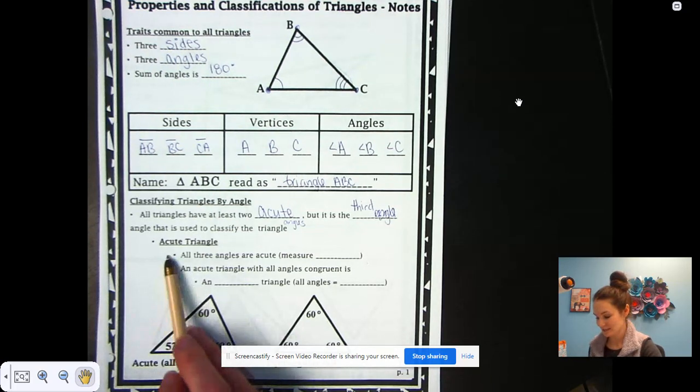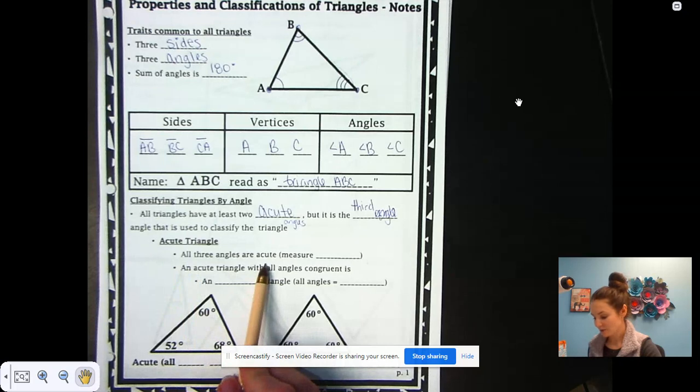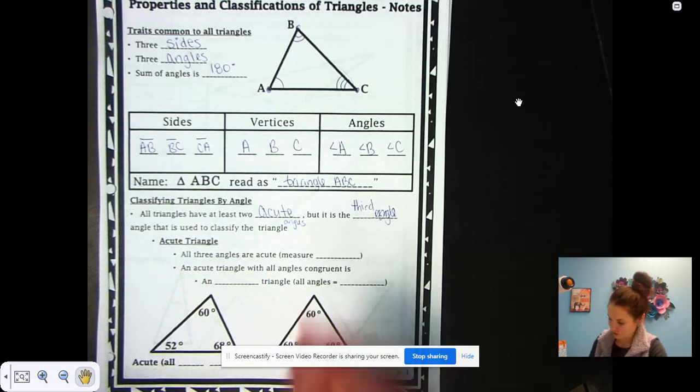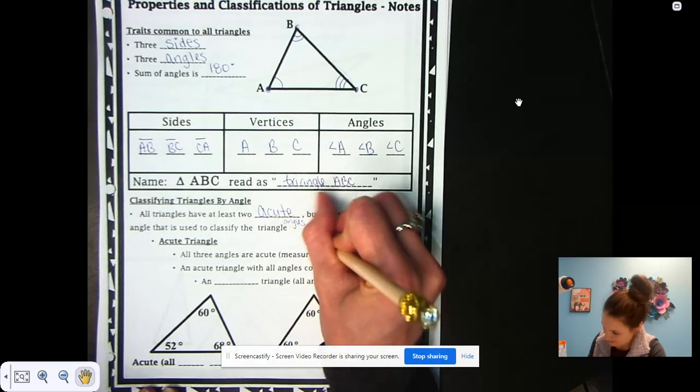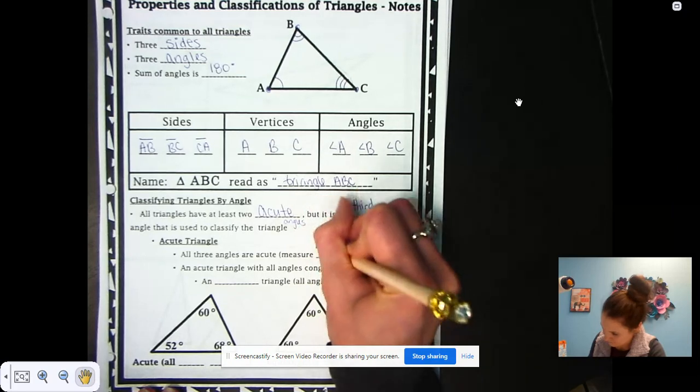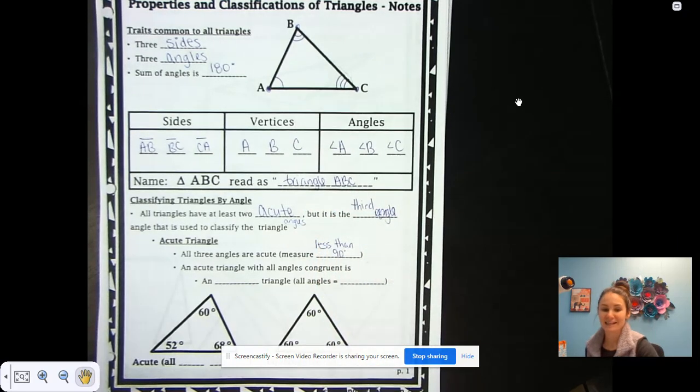Underneath, we see acute triangles. All three angles are acute and measure less than 90. If an angle is less than 90 degrees, it is acute. 90 degrees is like this L, and will also be signified with a box. Anything smaller than that is going to be acute.